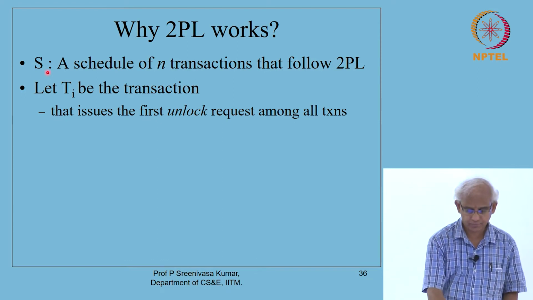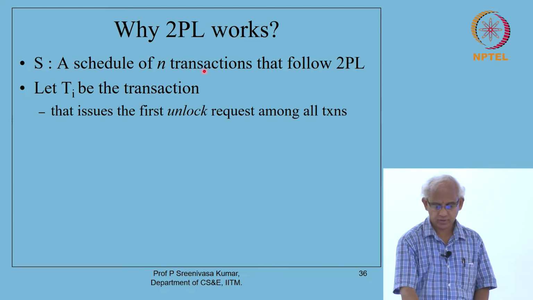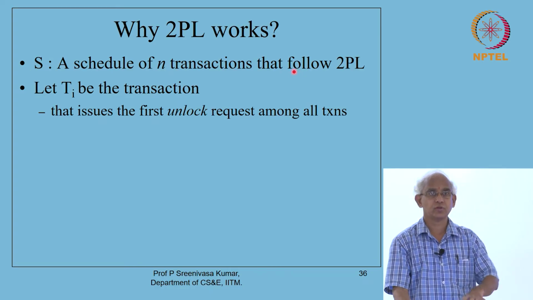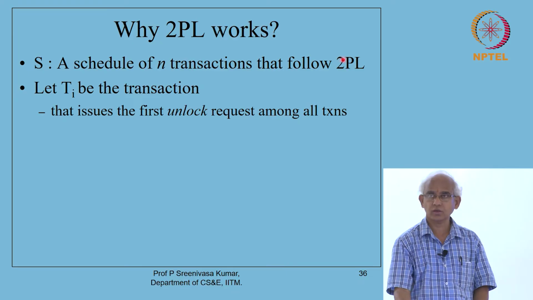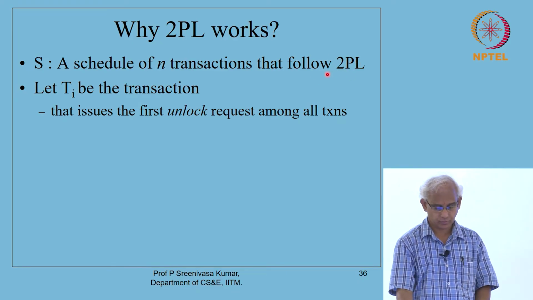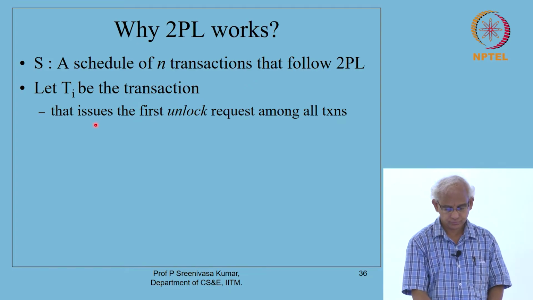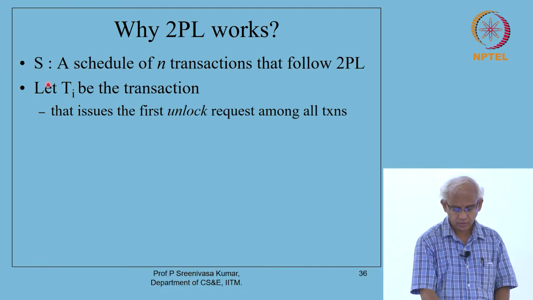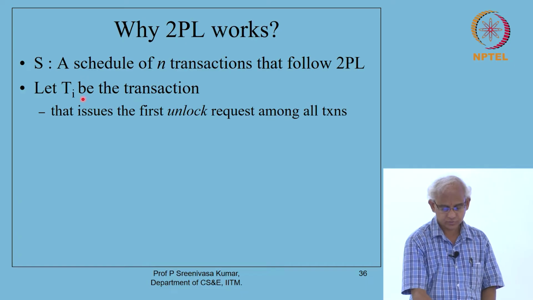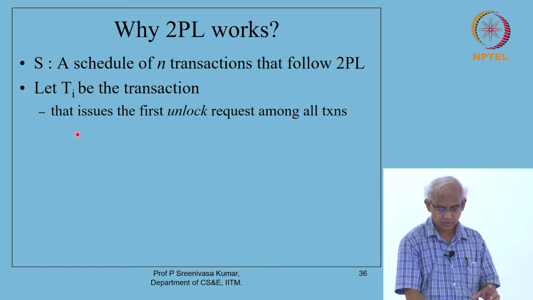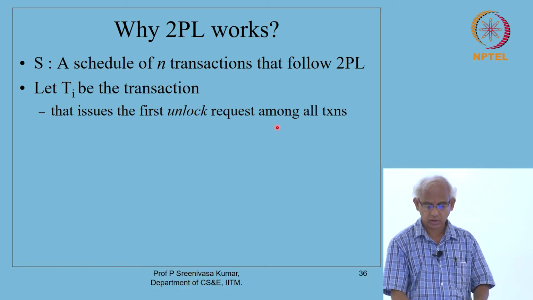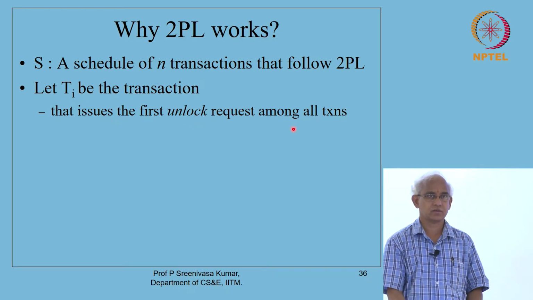So S is a schedule of some n transactions, all of which we assume are following the two-phase locking protocol. Now, let Ti, one particular transaction, be the transaction that issues the first unlock request among all the transactions.